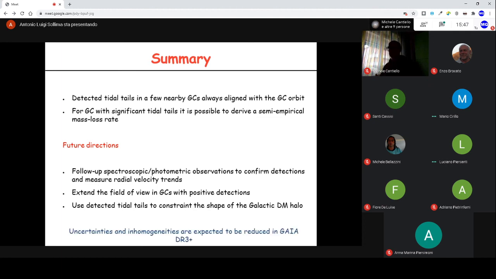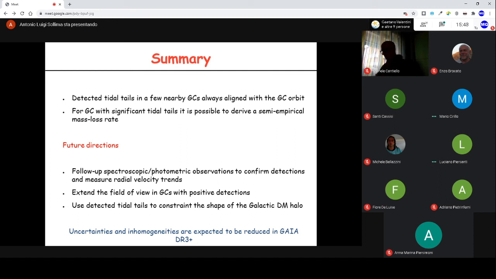And the good news is that this can be done with increased efficiency in the near future, because from the next release of Gaia, which is expected in December, the uncertainties, the covariances, and the inhomogeneities are expected to be greatly reduced. This is crucial because, even in the second data release, the limiting magnitude is a function of the position because of the Gaia scanning law.